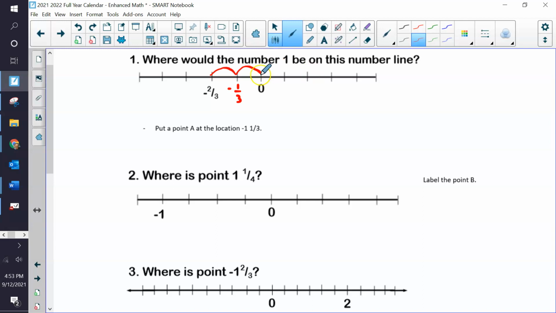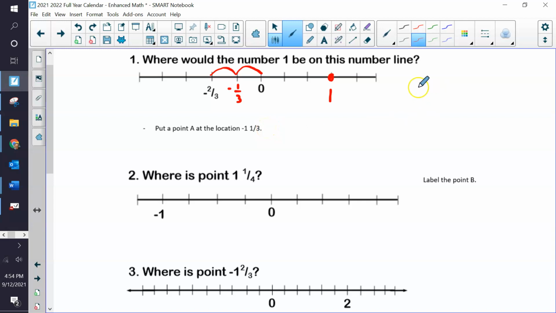So that means I would count here, this is +1, so I would count 1/3, 2/3, 3/3, and this is where the 1 is, because that is at 3/3. And that is the key to this whole number line, is that we know that we are counting by thirds in either direction.